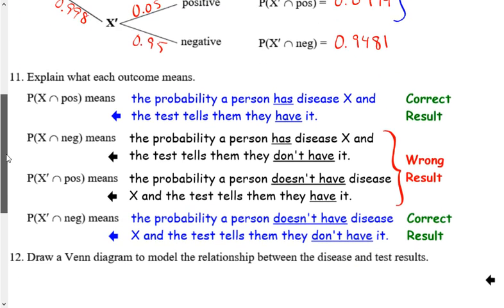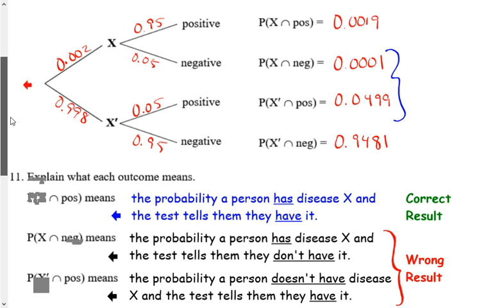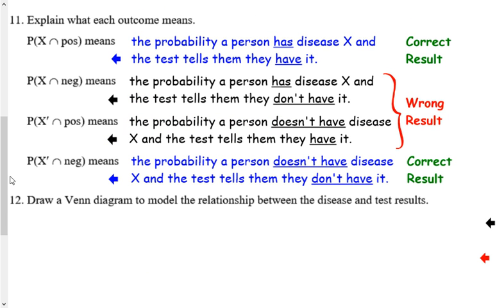So given that much and given those numbers, how would you fill that into a Venn diagram? I'll give you a couple minutes and then I'll drag out my Venn diagram.